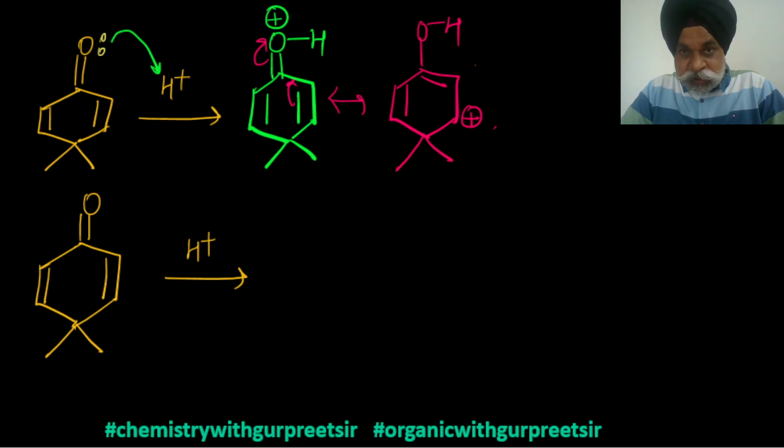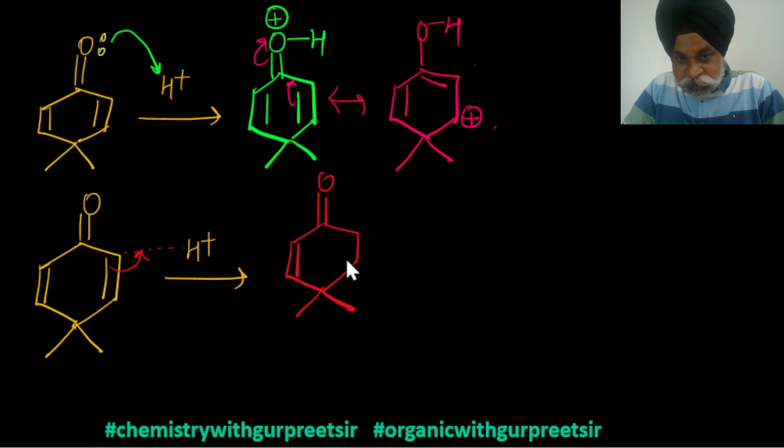Other way around, someone else can also think that why have we not attacked the pi bond? If you would have attacked the pi bond, then the carbocation which I am going to obtain here would not be very stable, because the carbonyl group is a strong electron withdrawing group. It is going to destabilize the carbocation.